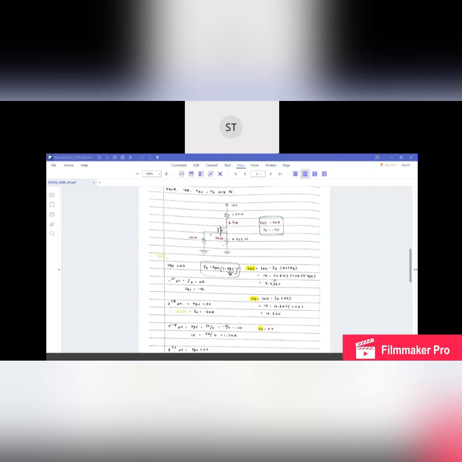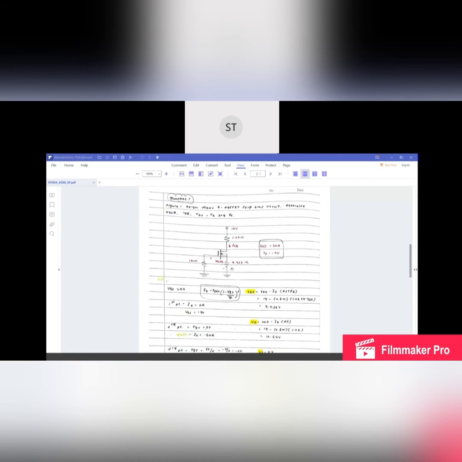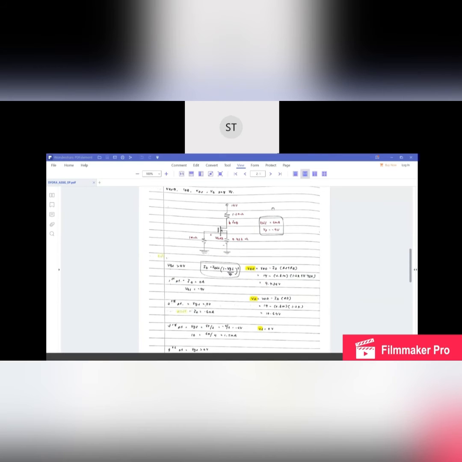I get the answer 9.436 volt. For VD, I use the formula VDD minus ID times RD, so 14 minus 2.8 milli, which is IDQ, times 1.2k. I get the answer 0.64 volt. For VS, when this circuit is operated, VS is equal to 0. So that's all from me.